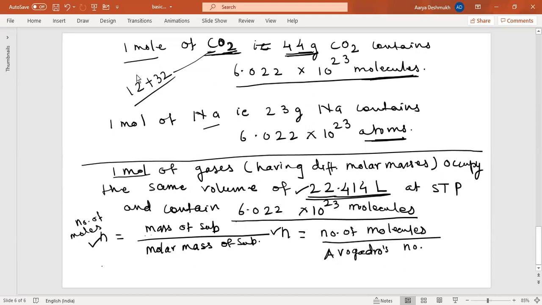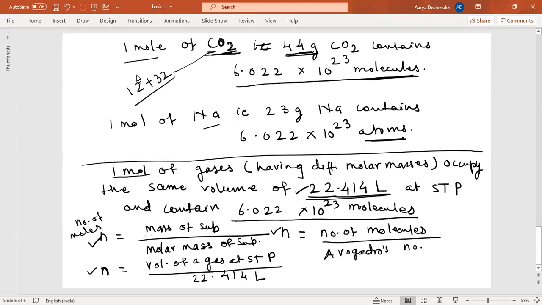Now, if the volume is given, how will you calculate the number of moles? n can be calculated as the volume of a gas at STP divided by 22.414 liters.